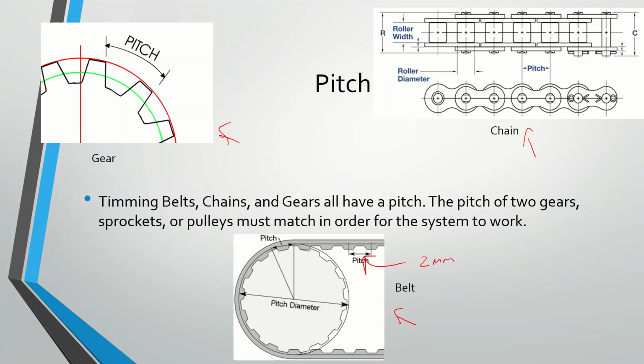You can also have the same thing here, 2 millimeter pitch. Here, if you take the distance and lay it around, you can also have another pitch there, okay? Same thing here. This is just distance.